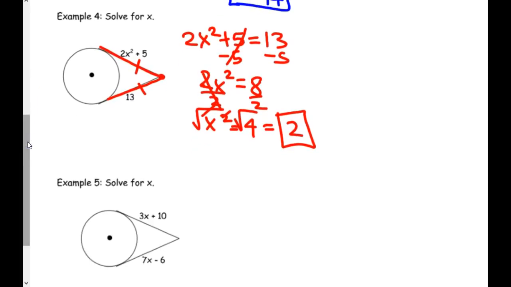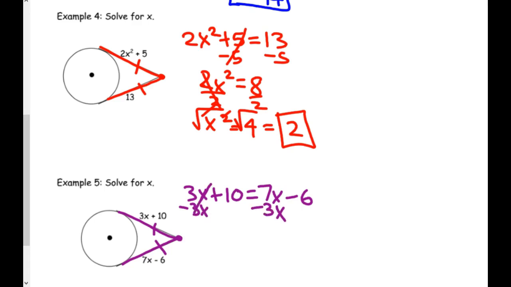Example 5, we'll do it real quick. Again, two tangents, common endpoint, those are congruent, set them equal, 3x plus 10 equals 7x minus 6. X is on both sides. Do I combine them or get rid of one? We get rid of the smaller x, which is 3x. Minus 3x, minus 3x. Bring down the 10. 7 minus 3 is 4.